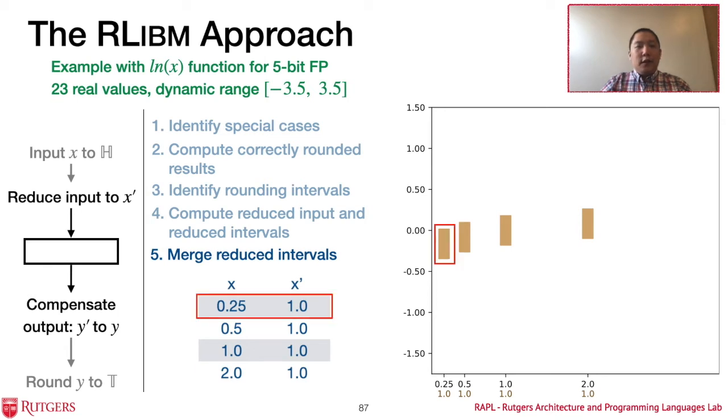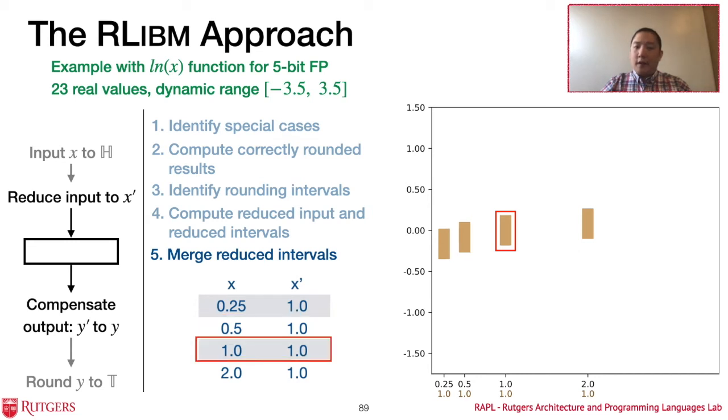For example, the reduced interval corresponding to x equals 0.25 tells us that p of 1.0 should produce a value in this region to produce the correctly rounded result of natural log of 0.25. The reduced interval for x equals 0.5 tells us that p of 1.0 should produce a value in this region for us to correctly approximate natural log of 0.5, and so on and so forth.